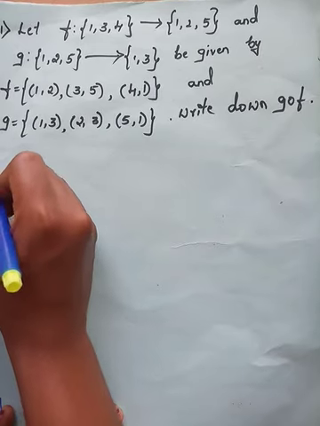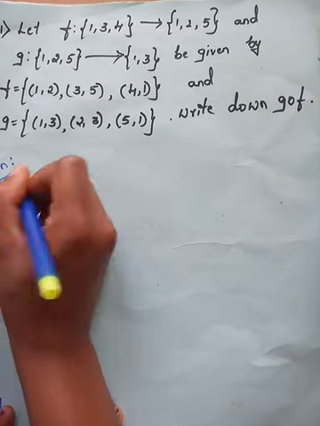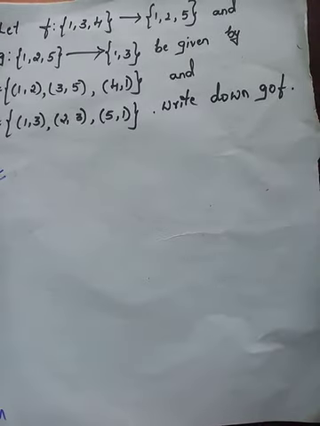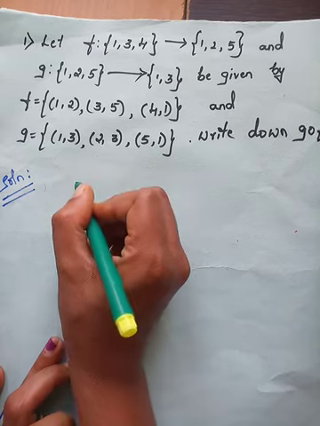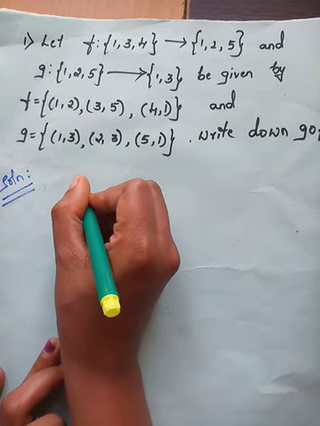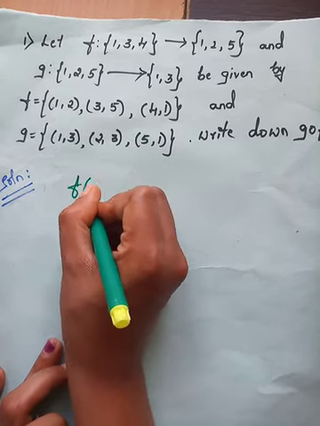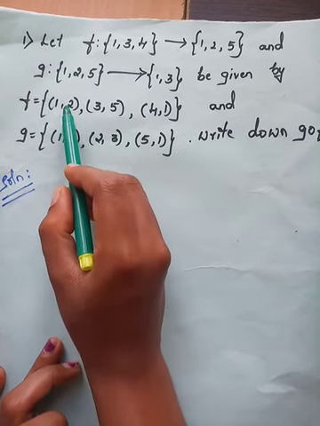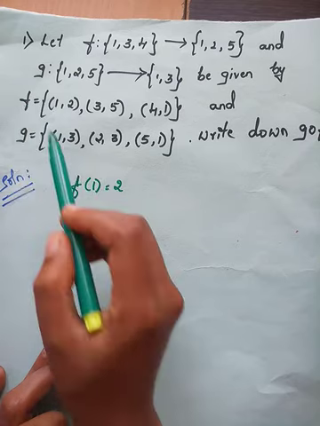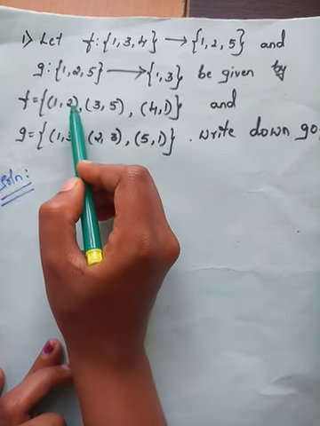So now what does this ordered pair mean? That F contains ordered pairs of the form (1, 2), (3, 5) and (4, 1) means it is nothing but F of 1 is 2. Okay, the ordered pair (1, 2) belongs to F means F of 1 is 2.